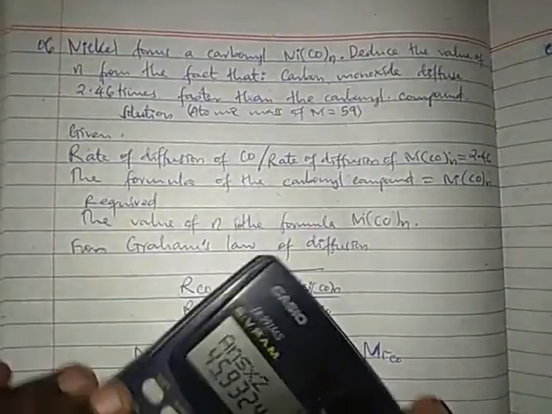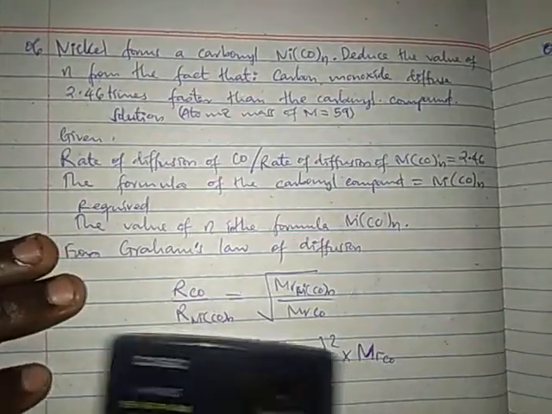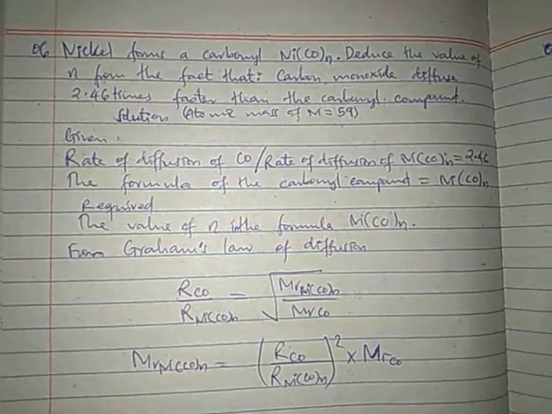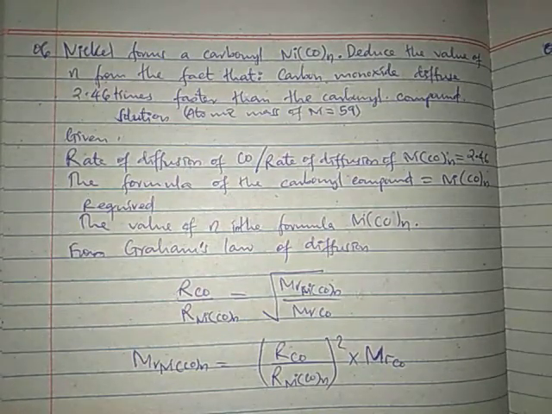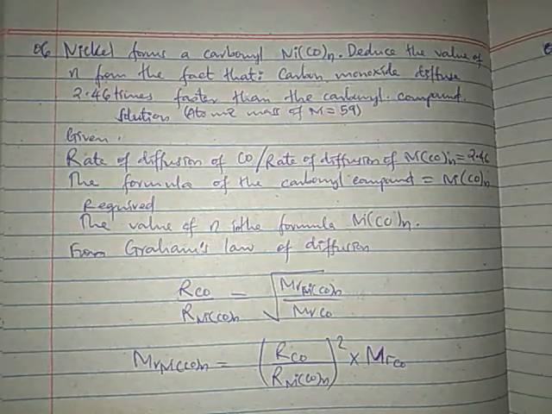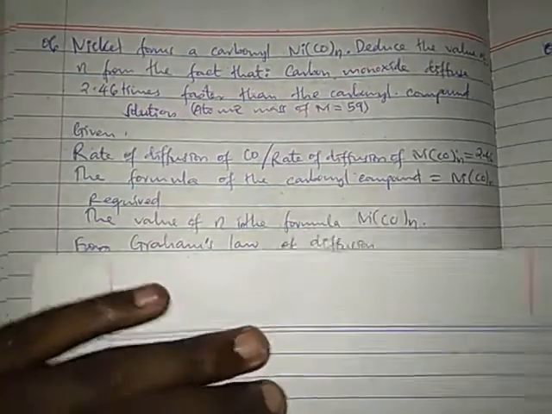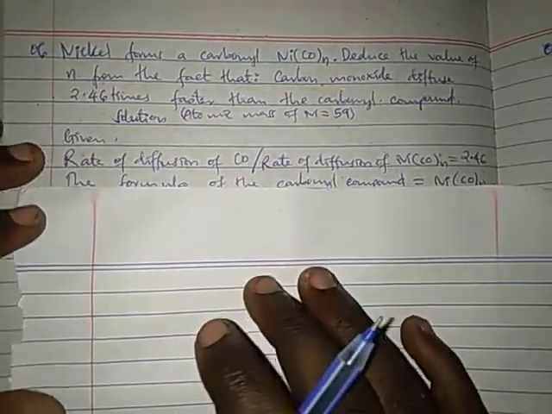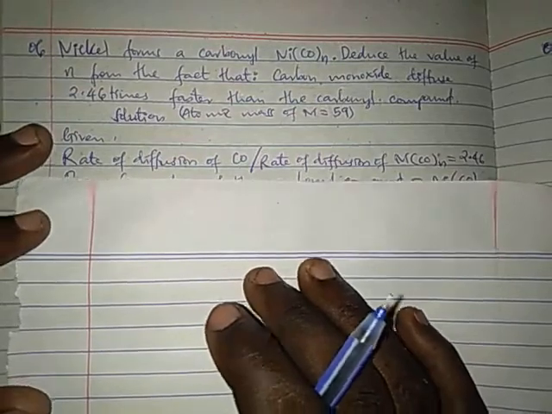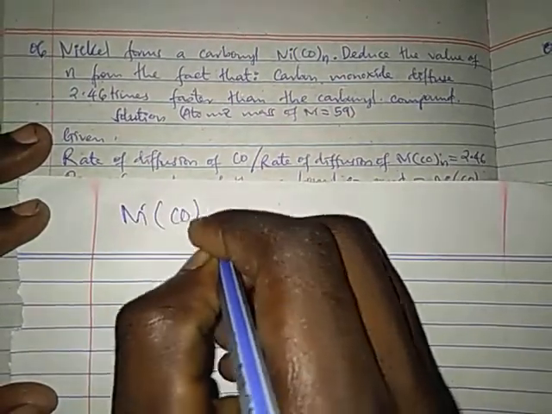Let's jump to question number 6. Kama pia unataka kulifanya, unaweza kupause video yako, halafu baadaye ukaendeleza. Kwa swali namba 6, nickel form a carbonyl ambayo inaandikwa Ni(CO)n.